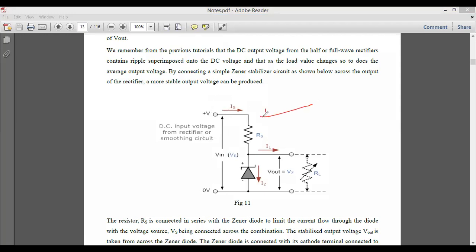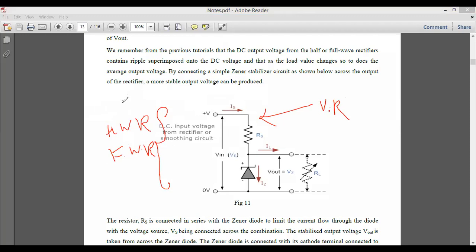The whole circuit diagram is the voltage regulator. The input supply we apply here can be from a half wave rectifier or from a full wave rectifier. We will study in detail how half wave and full wave rectifiers work.